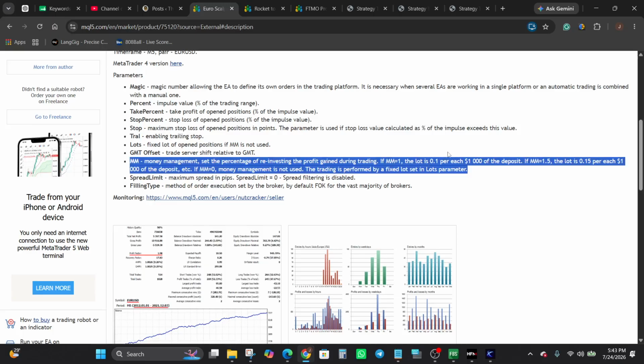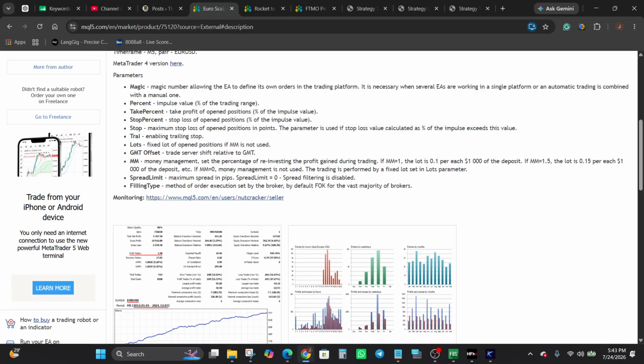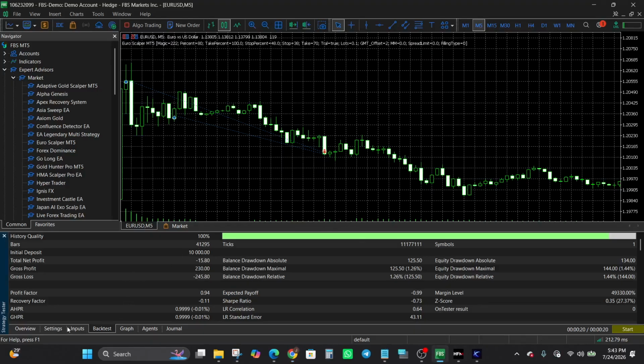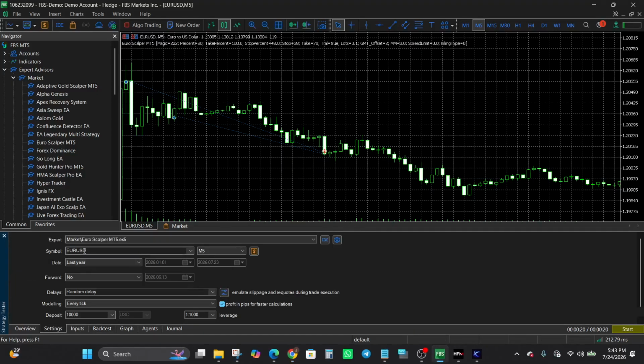All right. Now, moving into the historical strategy tester reports provided for our MT5 evaluation. The backtest was run on Euro USD on the M5 time frame as recommended, covering January 1st, 2026 through July 23rd, 2026.